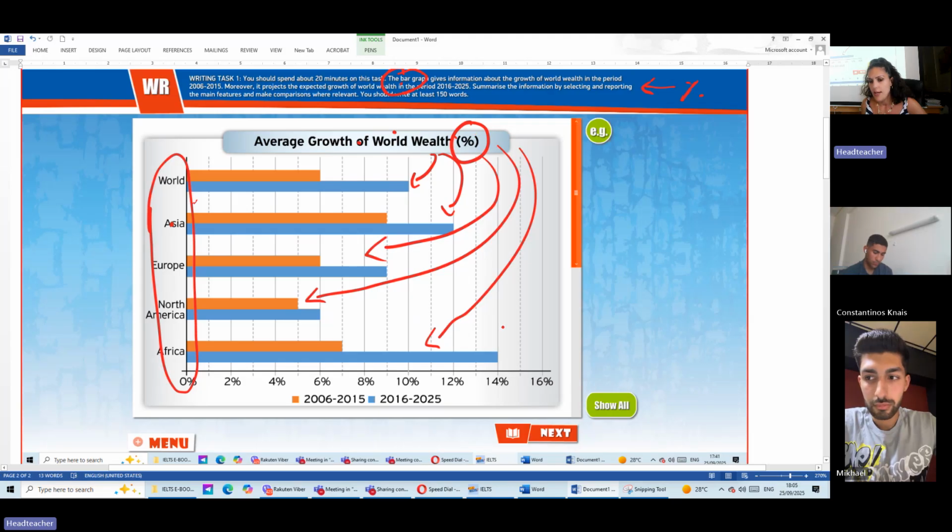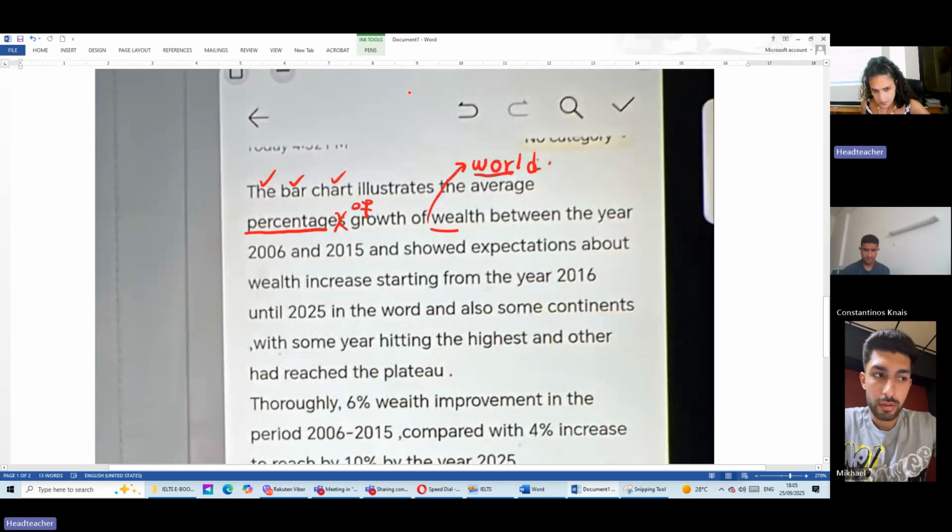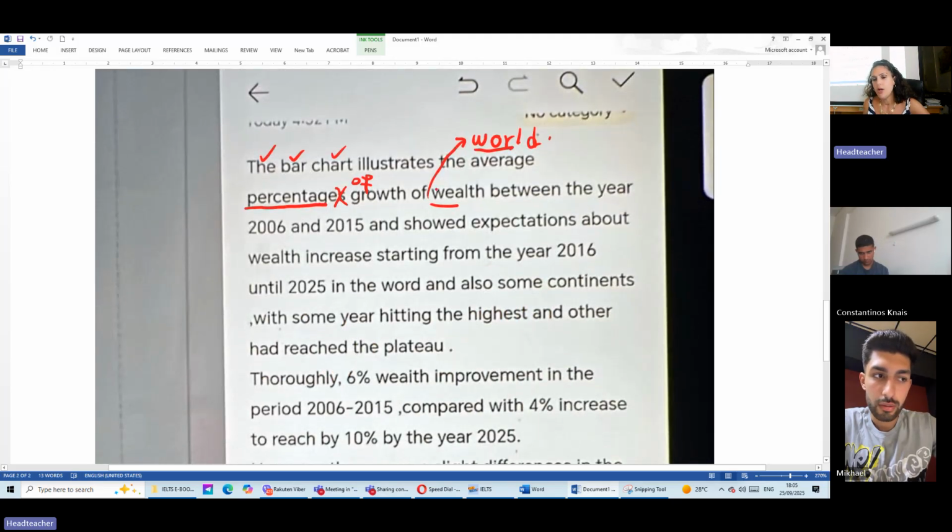So you combine this and this and this, and this as well: the legend, the information on the y and x axis, and the rubric of growth of world wealth.